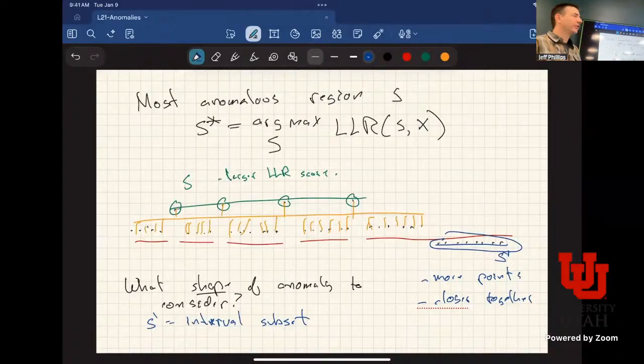So maybe this is the amount of water used in people's houses, and their sprinklers are on a certain pattern, and then at some point it became fall, and we don't need to turn the sprinklers on, and then the amount of water decreased. So there's some change point happening here. Maybe this is more interesting. You found that because there's an interval subset here.